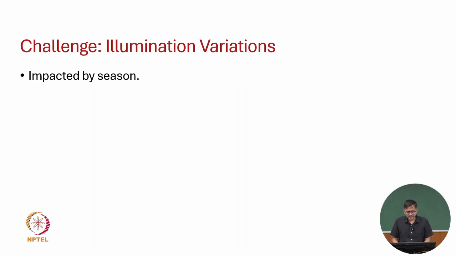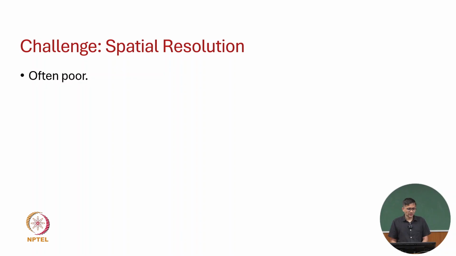The illumination variation is another aspect. The images are certainly impacted by the season and all. Then spatial resolution: for satellite-based multispectral images, the spatial resolution is often quite poor, as we have seen, in some cases 30 meter per pixel.